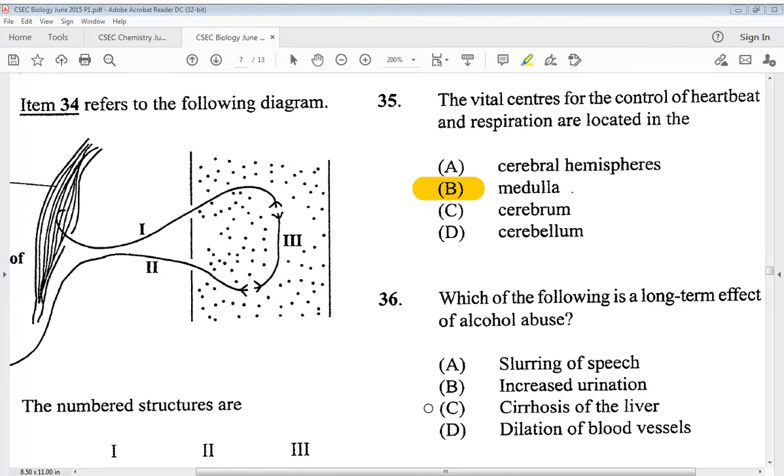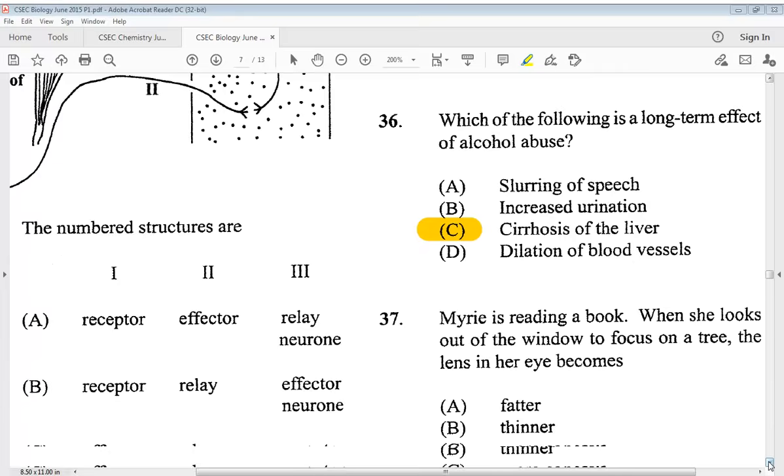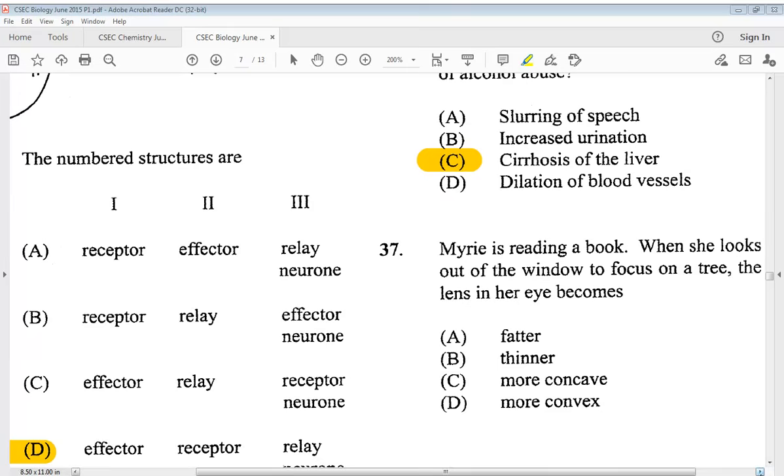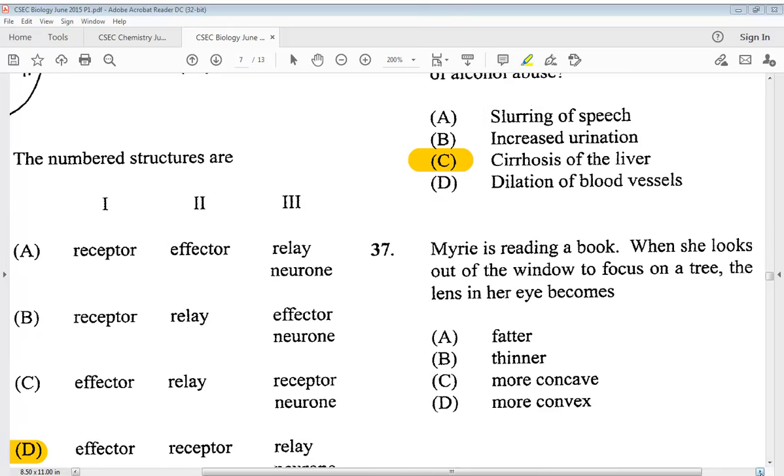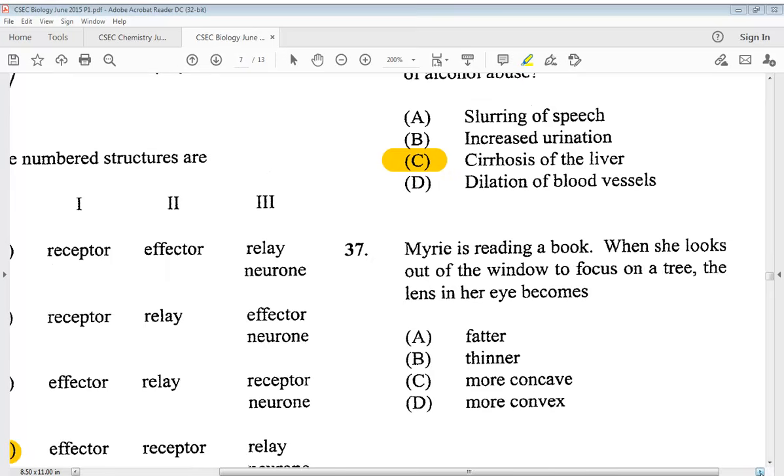The answer is C, cirrhosis of the liver. 37. Mary is reading a book. When she looks out of the window to focus on a tree, the lens in her eye becomes... The answer is B, thinner.